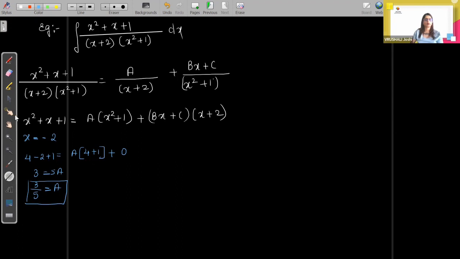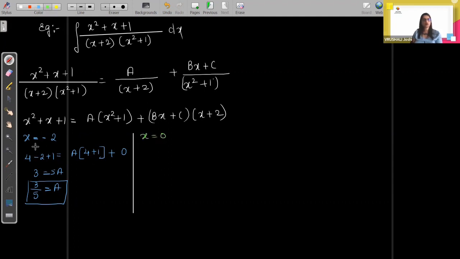Okay. Now okay, let's find out the value of B and C now, correct? जैसे जैसे आप उसको प्रैक्टिस करोगे तब वैसे वैसे ये वैल्यूज फाइंड आउट करना बड़ी मुश्किल की बात नहीं होगी आपके लिए. So यहाँ पे कितना आएगा? Let's take x equal to 0.